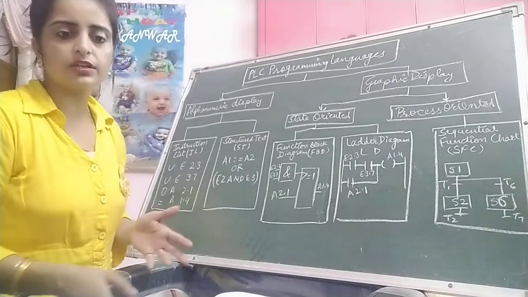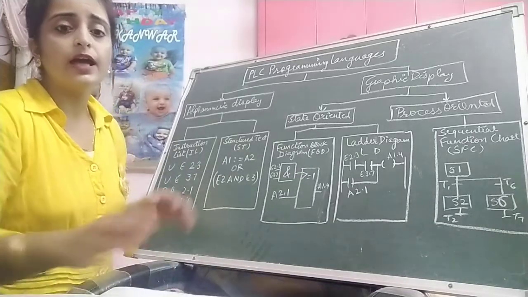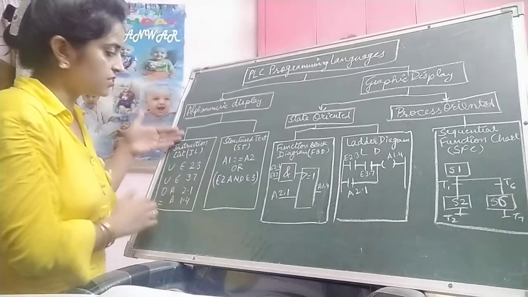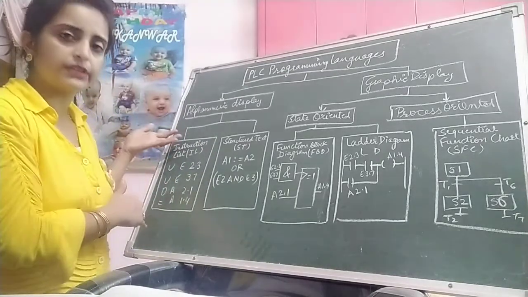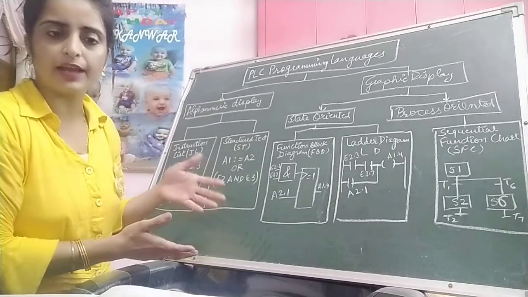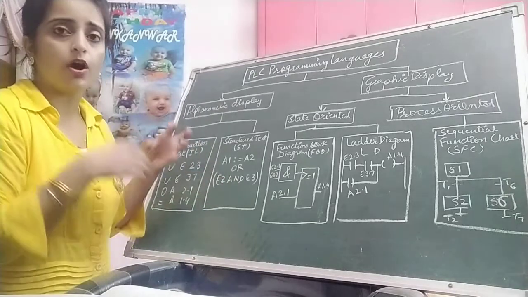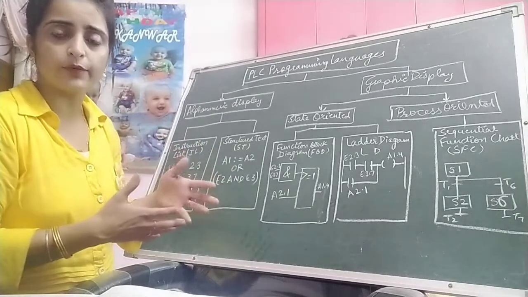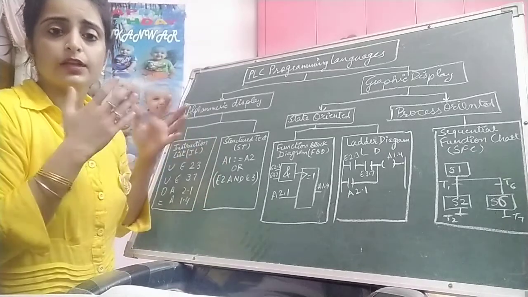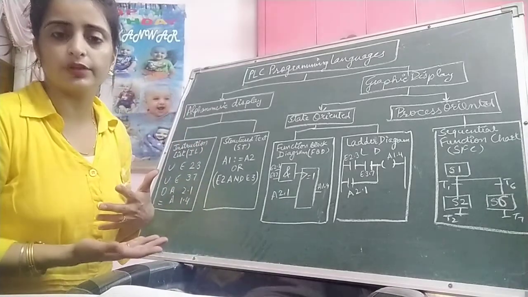In the structured text, it is a high level textual programming language, right? As the instruction list was the low level programming language, this is the high level programming language, like Pascal or basic C. It is very flexible and very intuitive for writing control algorithms, right?